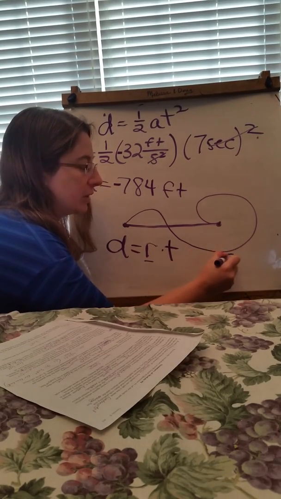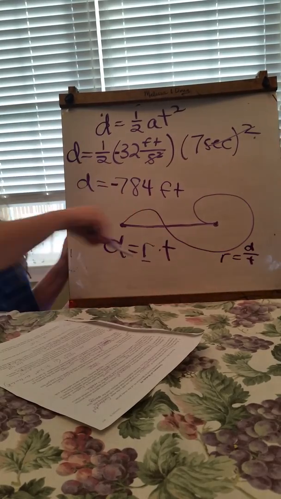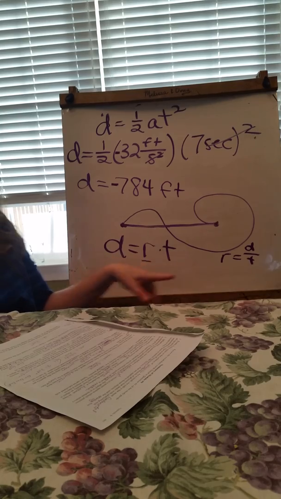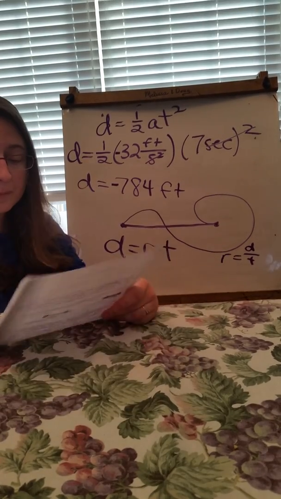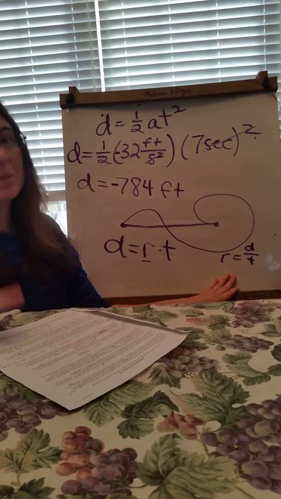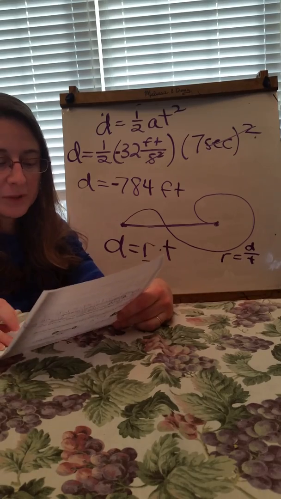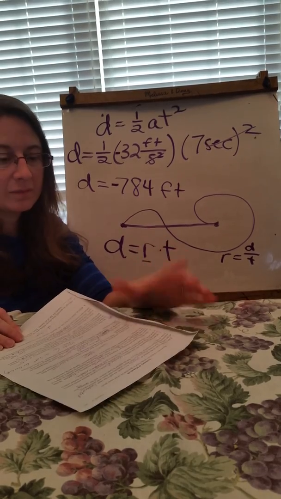Rate or speed, velocity is distance divided by time. And I hope you guys are starting to get comfortable rearranging equations like that. If this is kind of foreign material, please make an appointment and see me, and we'll just have a little math lesson to make sure that that is good.